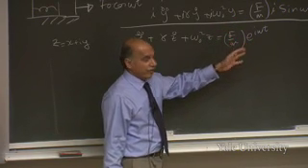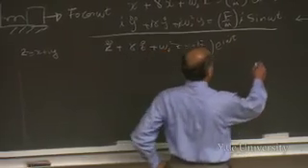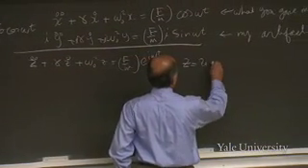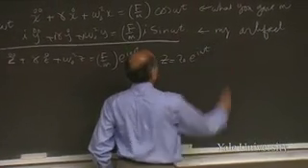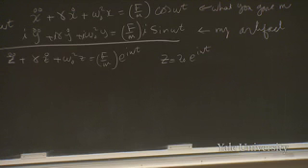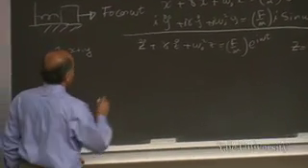The reason is the following. If the driving force is e to the i omega t, I can make the following ansatz, a guess. z is some constant times e to the i omega t. I will show you now solutions of this form do exist. Because let me take that assumed form and put it into this equation. Then what do I get?